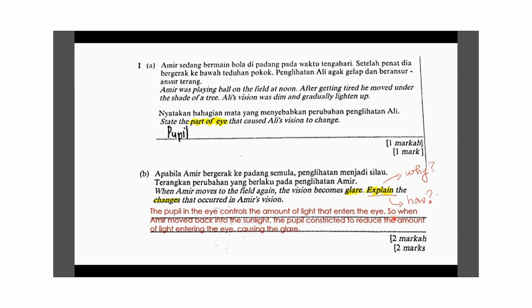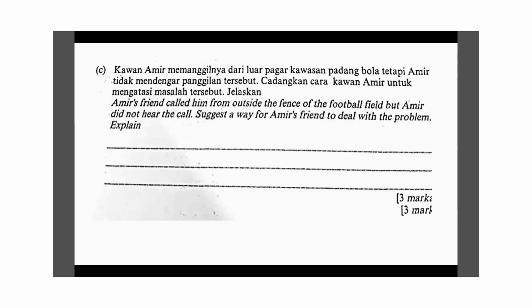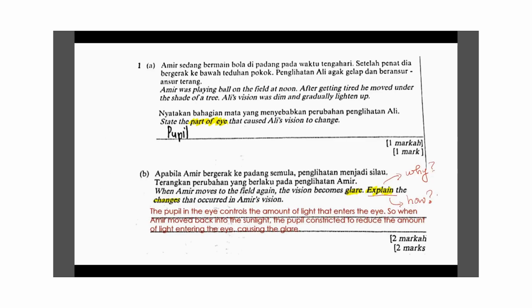And then in this case, what happens when the pupil controls the amount of light that enters the eye? So when Amir moved back into the sunlight, this is the scenario that was given by the question when they said that Amir moves to the field again. In the question, it said field, but when we are explaining, we want to think that they are talking about going back to the sun, right?